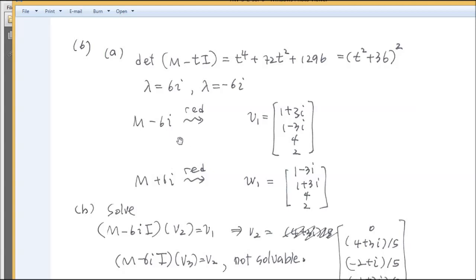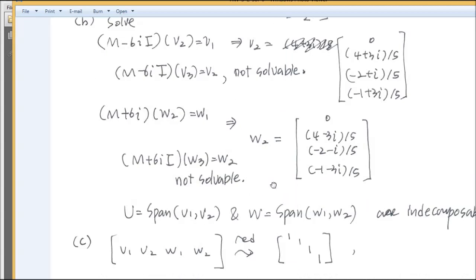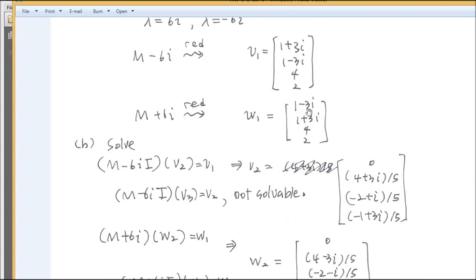Then, because we're in the complex case, you look for eigenvectors for 6i and -6i, and repeat exactly the same thing with nasty complex numbers. It turns out there's only one eigenvector for each of the complex eigenvalues.